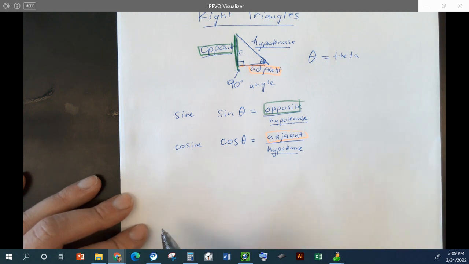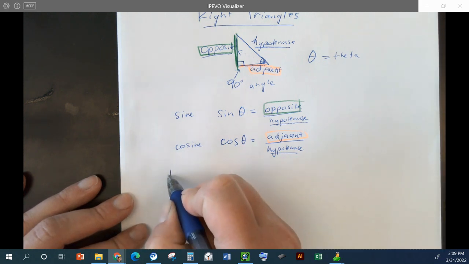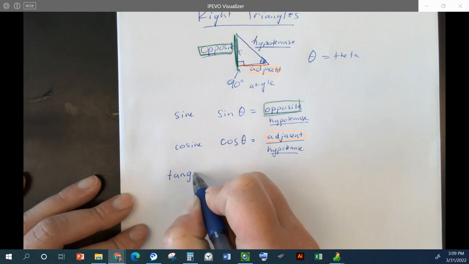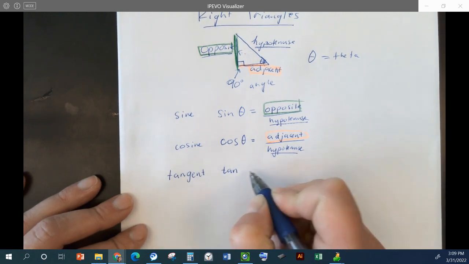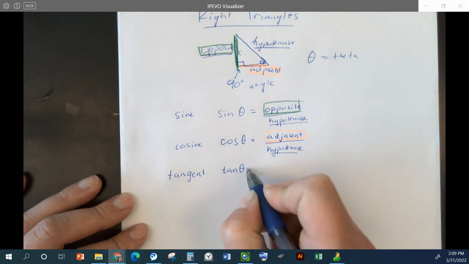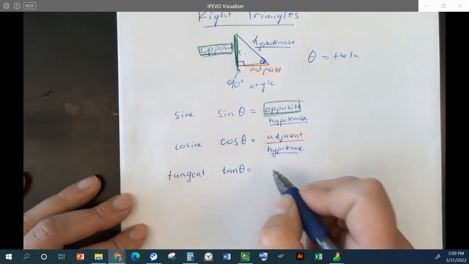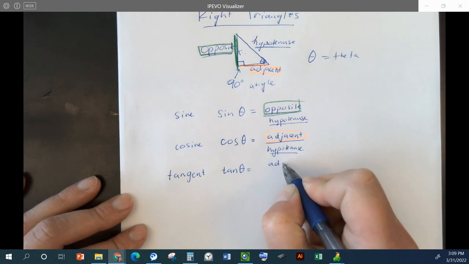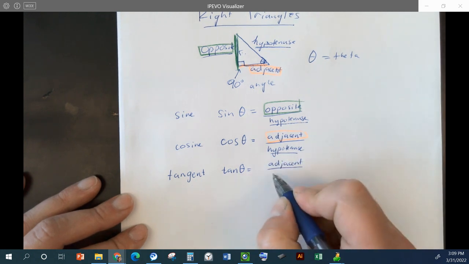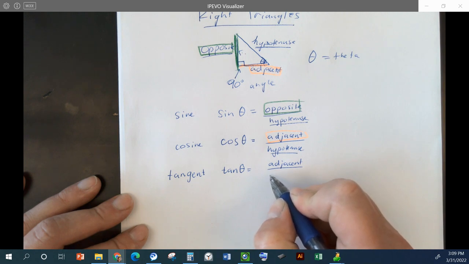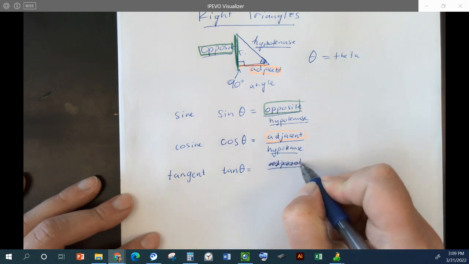And then the last one we have is tangent. It's called tangent. And we write it like this. We write tan of theta. And that is the adjacent over, I'm writing it wrong. It's opposite over adjacent.